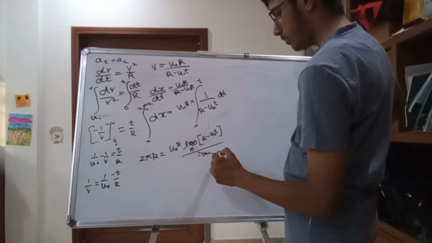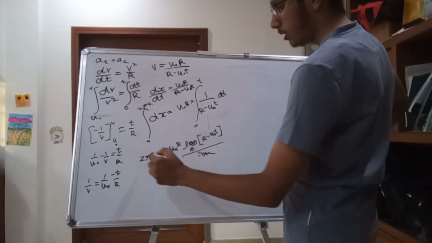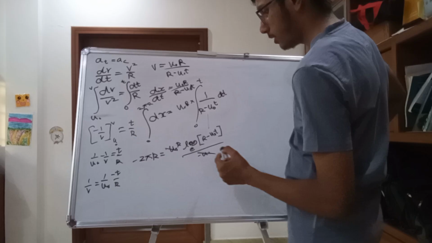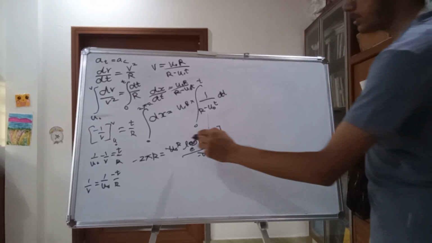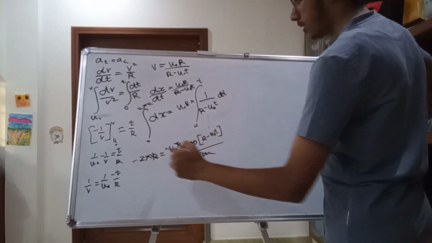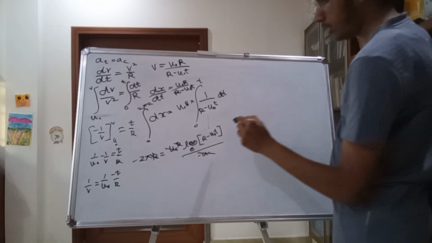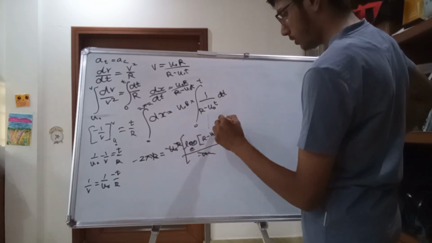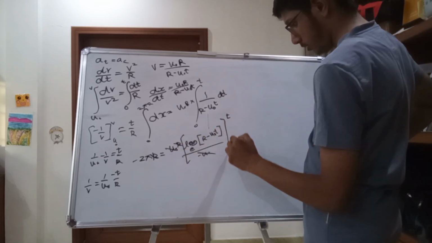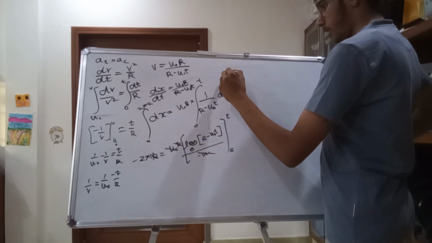This minus u naught cancels, so this minus will go there to become minus 2 pi r. And this r also cancels. Now can I write that the limit is there, t to 0.